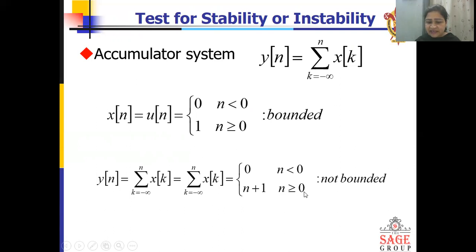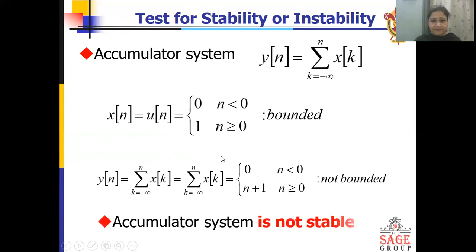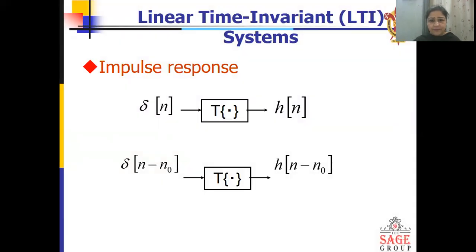But if n is greater than or equal to 0, the value will be n plus 1 because from k is equal to 0 to n, there are n plus 1 values. So it will be n plus 1. Now, if n is going to infinity, naturally the value of y[n] will also tend to infinity. So the output will not be bounded and the system will be unstable. So accumulator system is not stable.